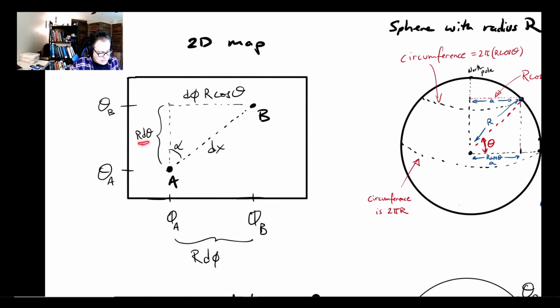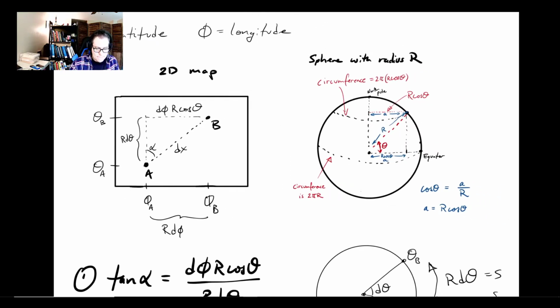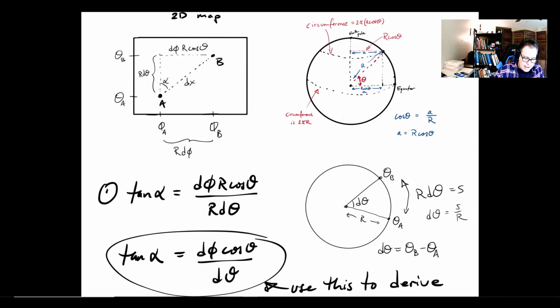So the r d theta corresponds to, first of all, the radius of the sphere. Here I have a picture of the sphere that I can use to explain how I get that factor r d theta there. So it really comes back to the very beginning definition of a radian in trigonometry.